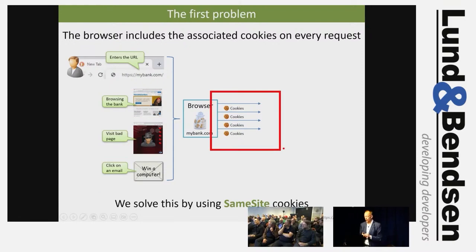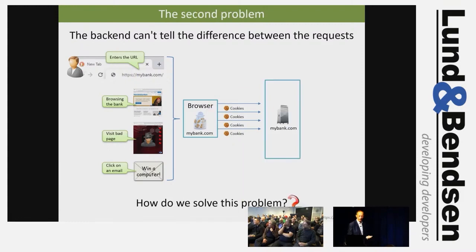Yes, we are getting more and more features to fight this problem called same-site cookies, but we won't go into that today. It's one way to apply the same-site attribute on cookies to block many of those outgoing requests, or block the cookie from being included in those requests. But what we will talk about today is how we as backend developers can add support to prevent these kinds of attacks. So how do we solve that?